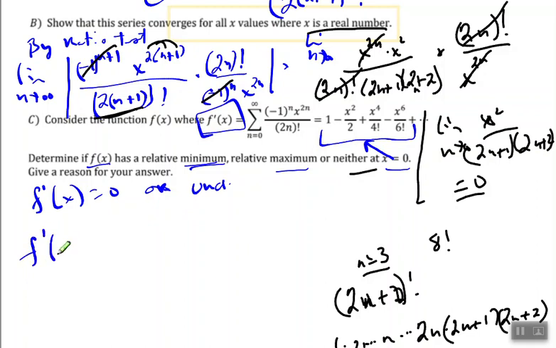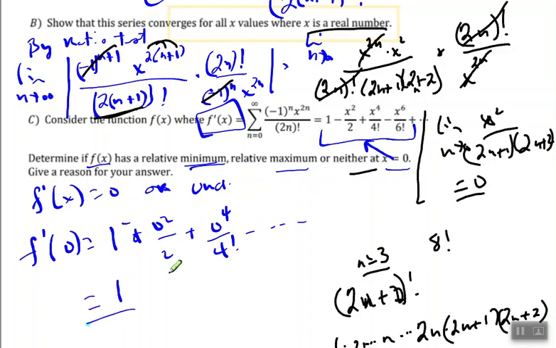So the derivative at 0 is going to be 1 plus 0 squared over 2. Sorry, that should be a minus. Plus 0 to the 4th over 4 factorial, minus, and it keeps going. So we can just say that that's 1. Since the derivative is 1, we know it's increasing, so it's still going up.